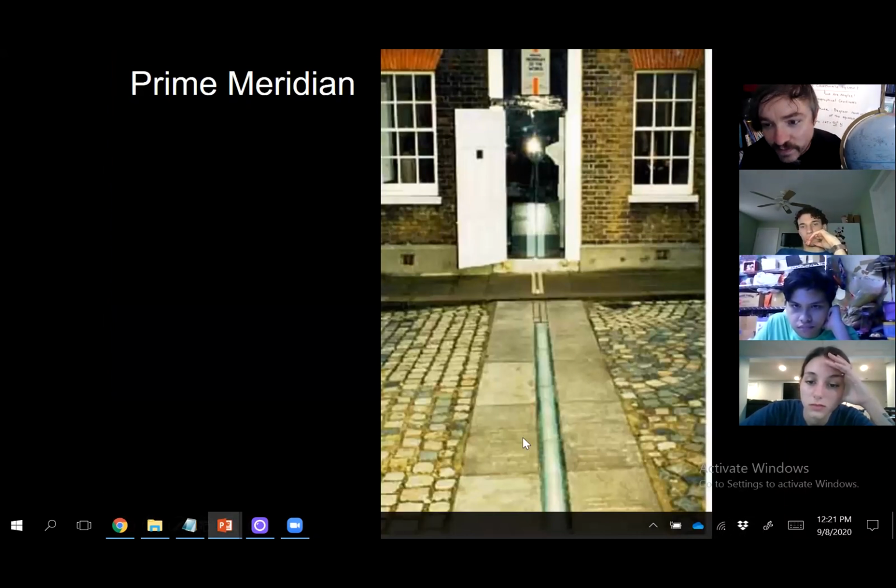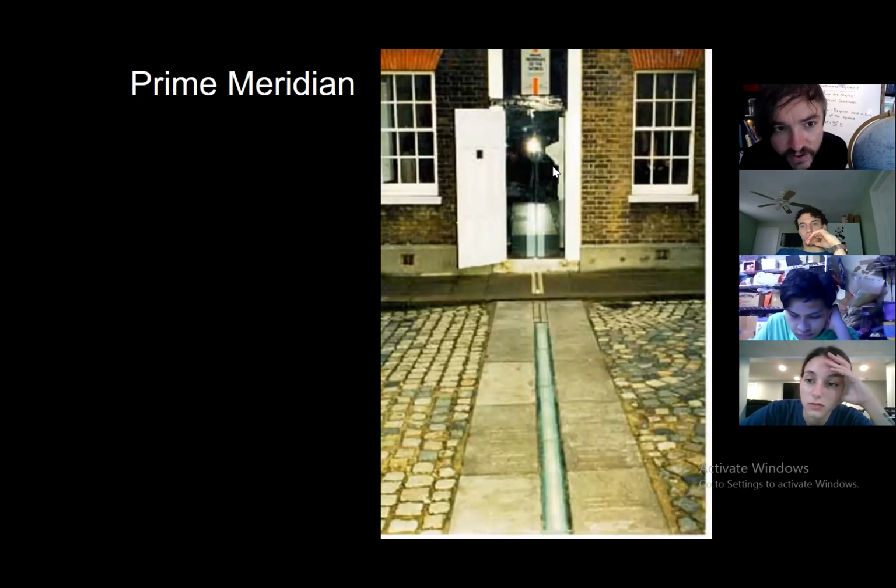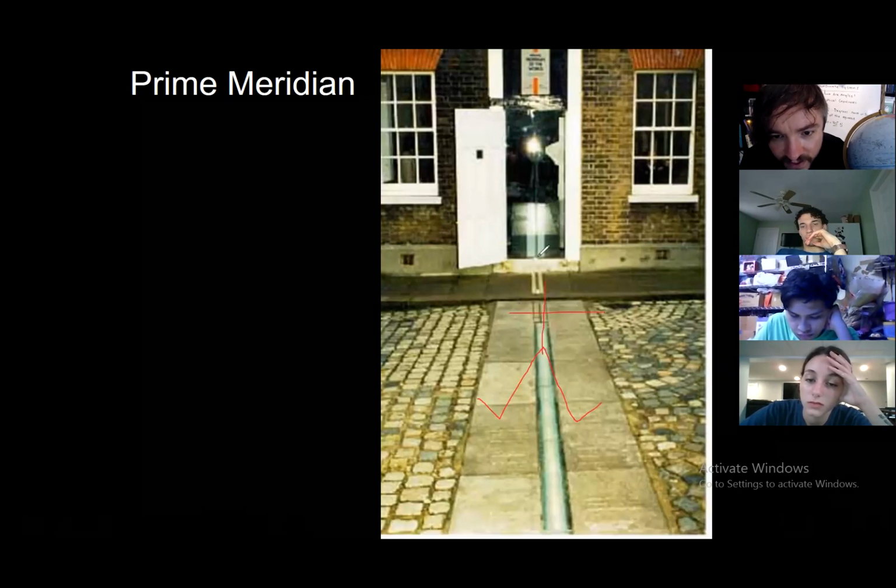And this line is going to divide the entire Earth into an eastern and a western hemisphere. Now, what's cool about that is you can actually travel to England and visit the prime meridian, and stand with 1 foot in the western hemisphere and 1 foot in the eastern hemisphere, and take a selfie.